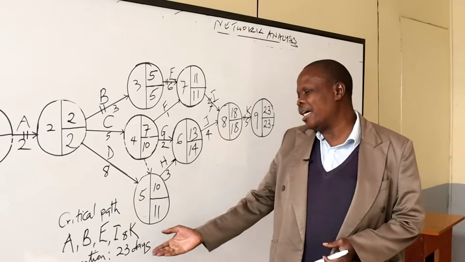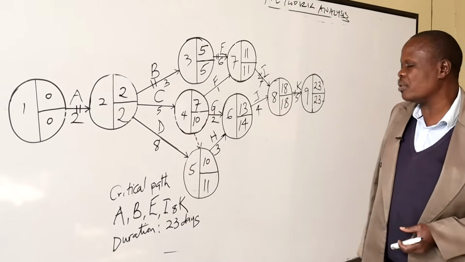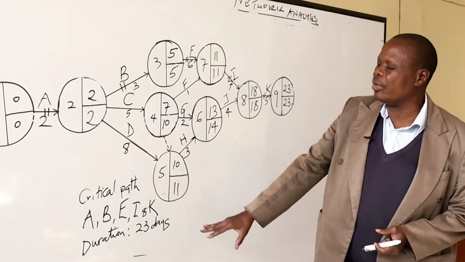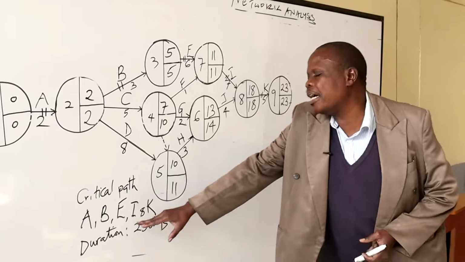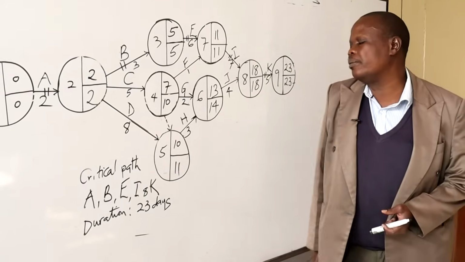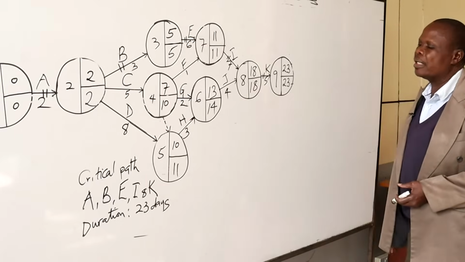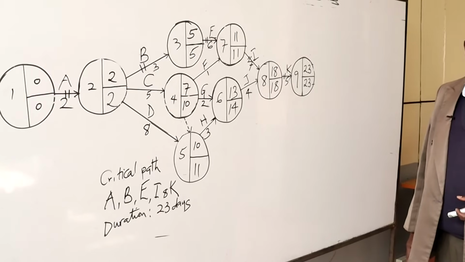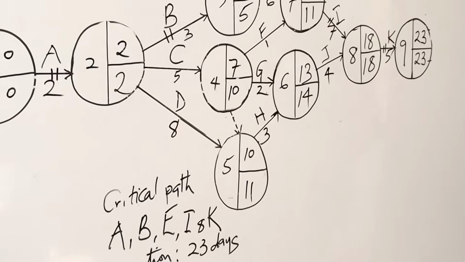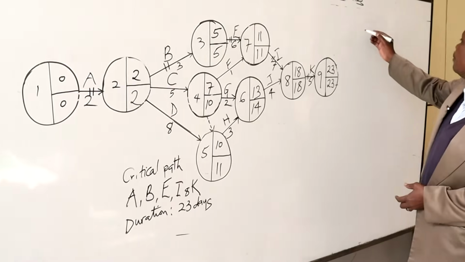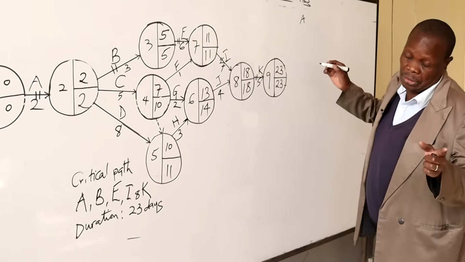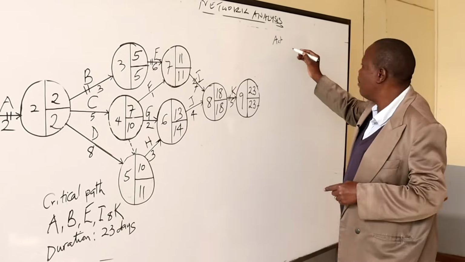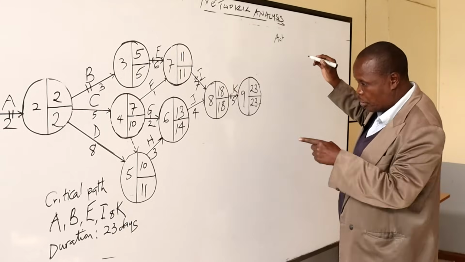We cannot calculate floats on the critical path activities. These are very crucial and critical such that there is no spare time put for these activities. So for us to calculate the floats, we must identify those activities which do not exist along the critical path. So let us first list those activities whose floats can be calculated, and they must not be among the critical path activities.